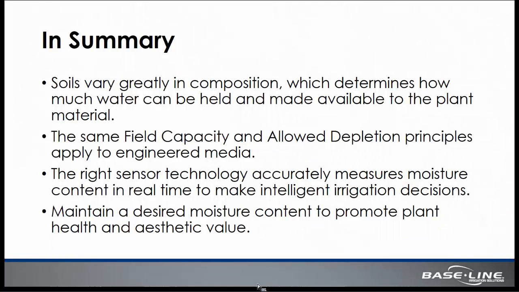And of course, we want to maintain a desired moisture content in a green roof or green wall application to maintain health and aesthetic value of that installation.